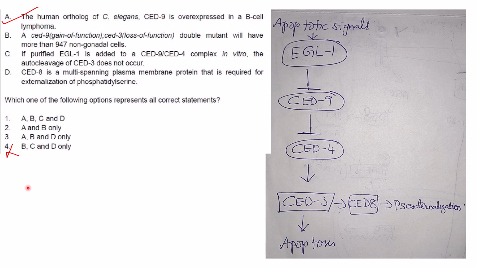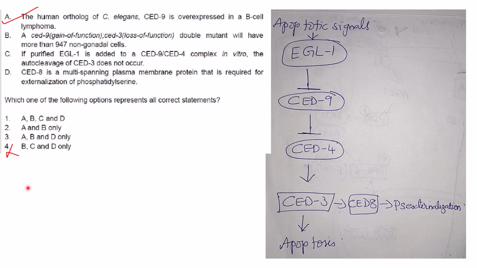Double mutant means it has CED9 gain of function and CED3 loss of function mutation. CED9 gain of function means the cell is protected from death. There is no programmed cell death at all. The cell is not dying. It has got CED3 loss of function, so CED3 is not going to act. Loss of function, so no apoptosis at all.